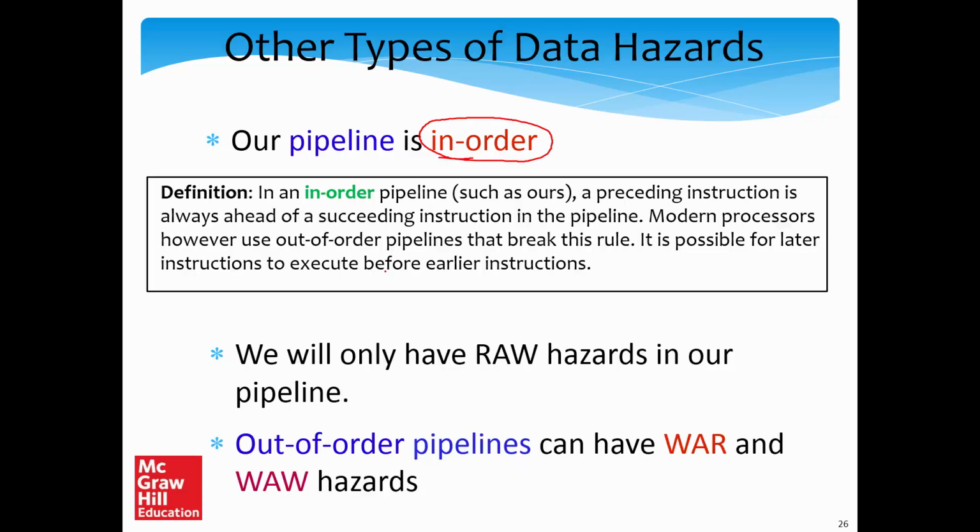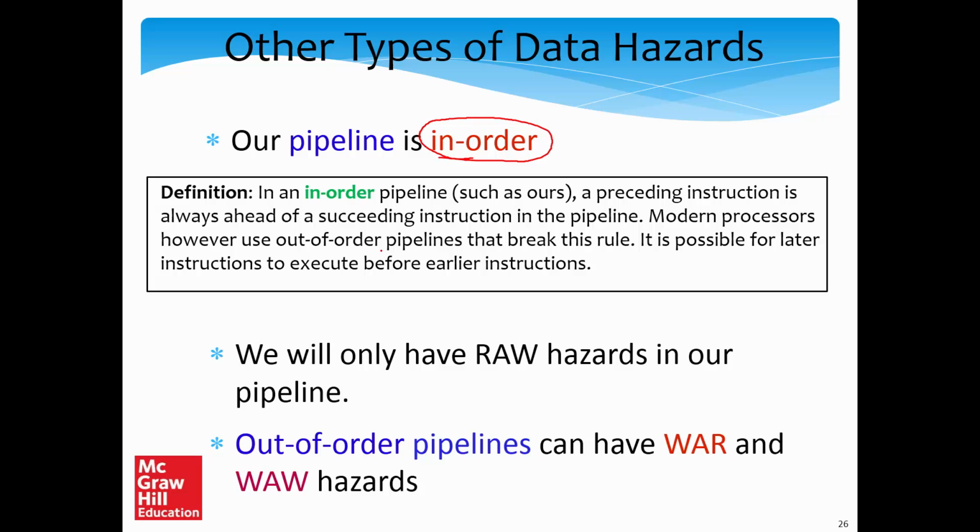Modern processors, however, do not use in-order pipelines. They use out-of-order pipelines that break this rule, so it is possible for later instructions to execute before earlier instructions. This causes many kinds of complexities, and discussing out-of-order pipelines is clearly not within the scope of this course, but it will be a part of an advanced course. In this course, we'll only look at in-order pipelines, and a lot of processors also do use in-order pipelines.